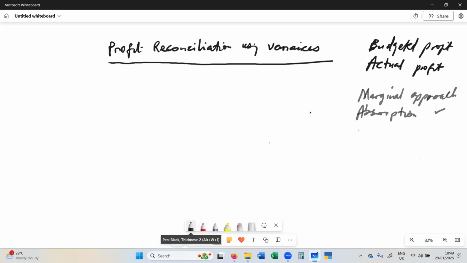So if we are using the marginal approach, then it's all about a format. So you start with the budgeted profit.